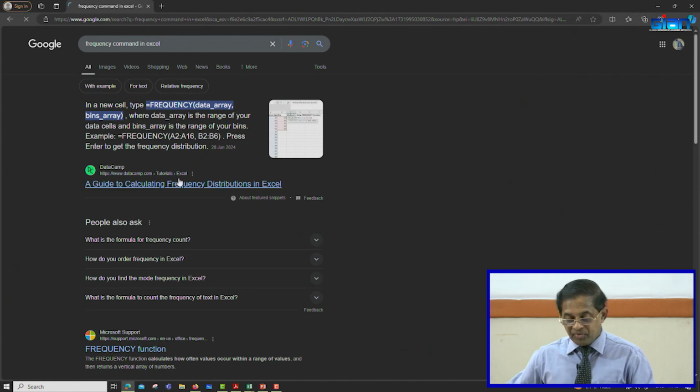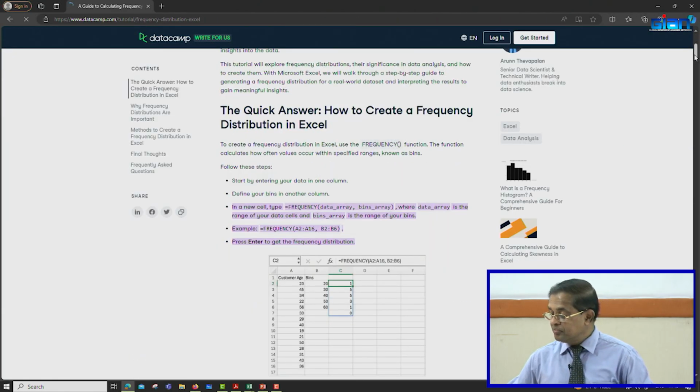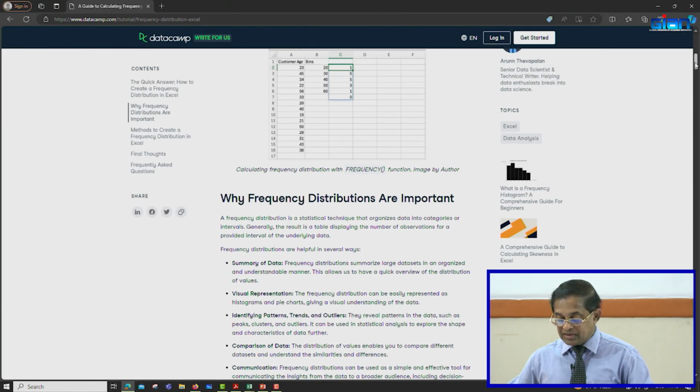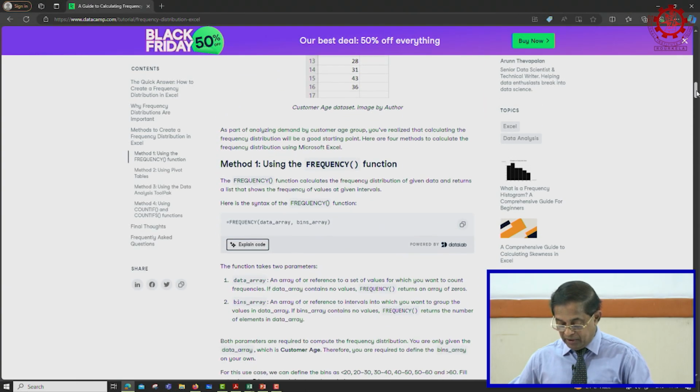Here you can see, frequency, data array and bins array, where data array is the range of your data. I will just open it, maybe some of you are already familiar, right. So, I think you can go and study this. How to do it I will tell you.